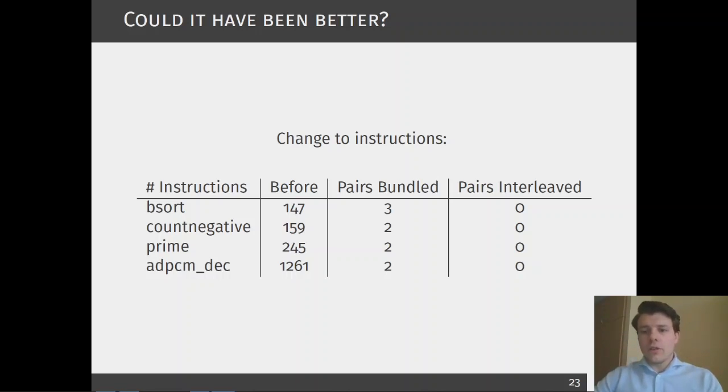And the last column is the number of instruction pairs that couldn't be bundled because, for example, they were both loads, so they had to be interleaved instead. And we can see that the last column is all zeros, so there were no inefficiencies in having to interleave any instructions. So basically our algorithm is not very good at finding blocks to bundle.